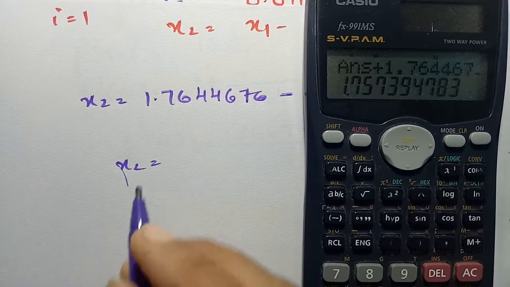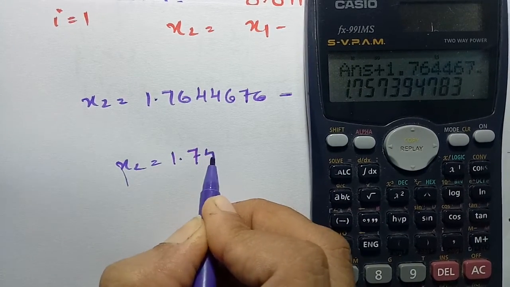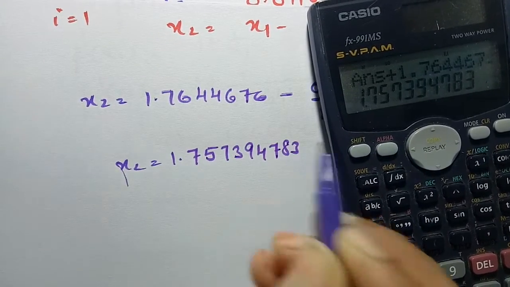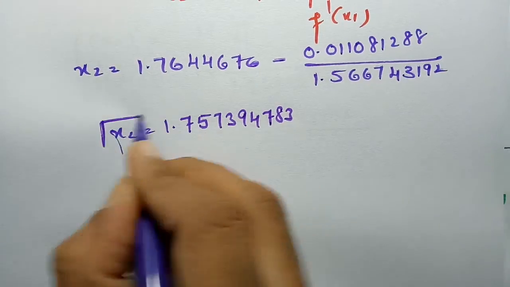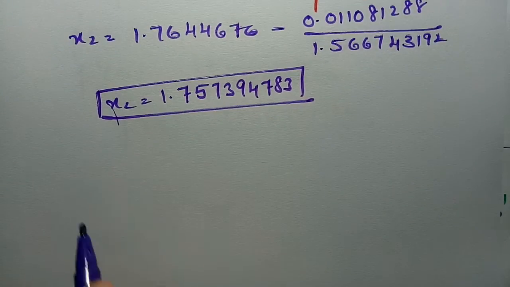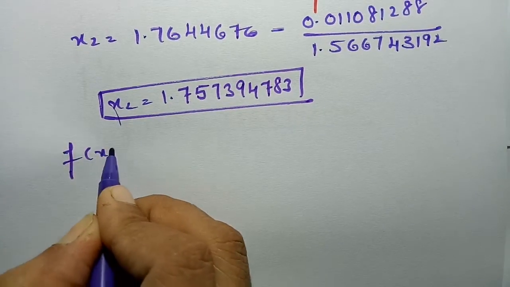The value here is 1.757394783. And after getting this x2 value, again we have to go with f of x2.